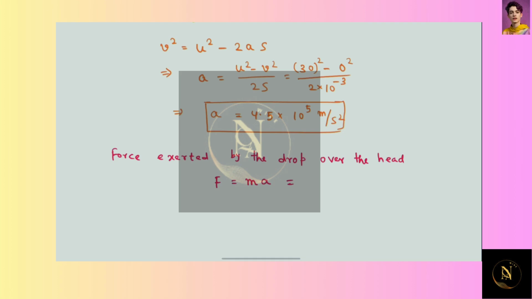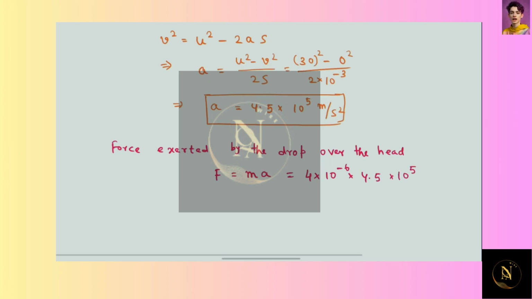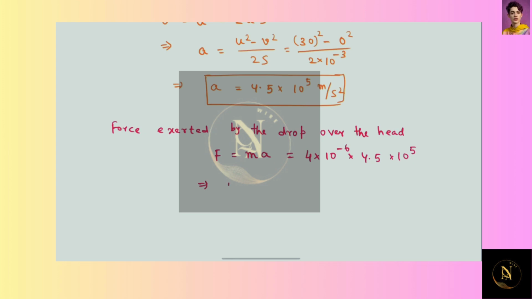So the mass of the drop is 4 into 10 power minus 6, into acceleration 4.5 into 10 power 5. On simplifying this, we get F equals 1.8 Newton. So this is the answer for this question.